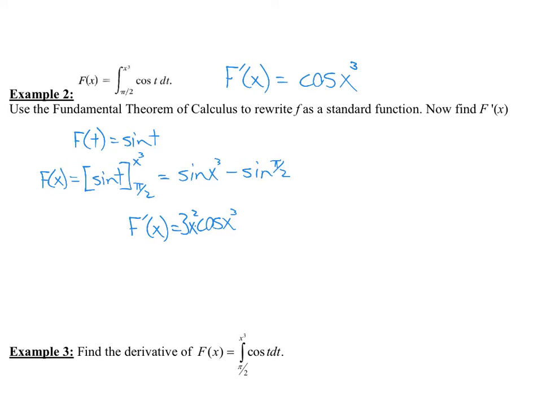When you're taking the derivative, you would then multiply by the derivative of the upper bound. Okay? So we end up here with 3x squared times cosine of x cubed. Okay? And that would be our capital F prime of x. That's really the only twist, if you will, in what we're doing here with the second derivative.